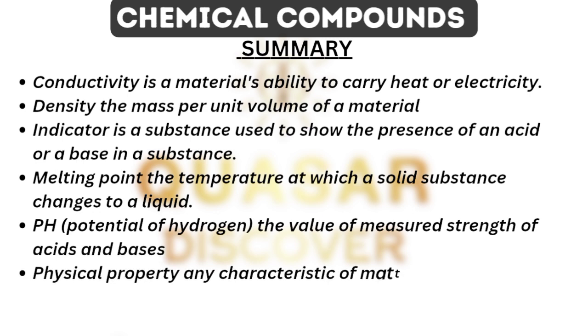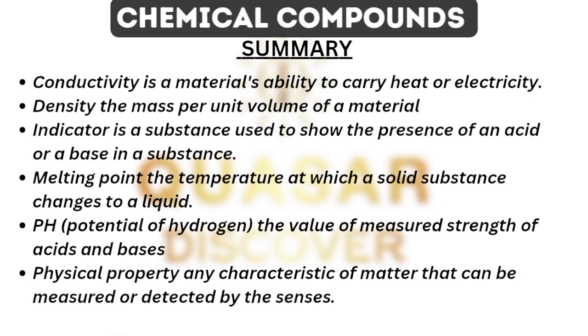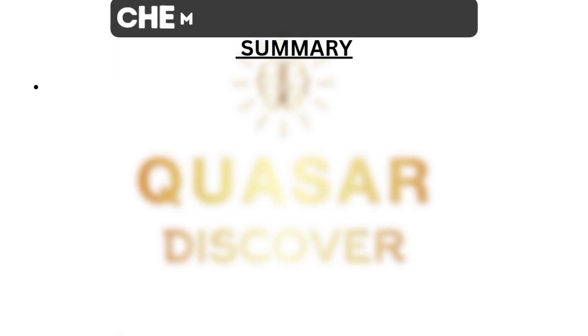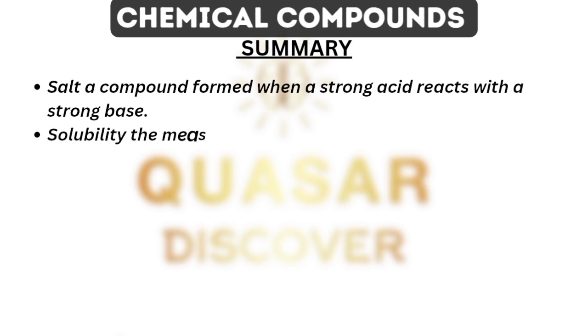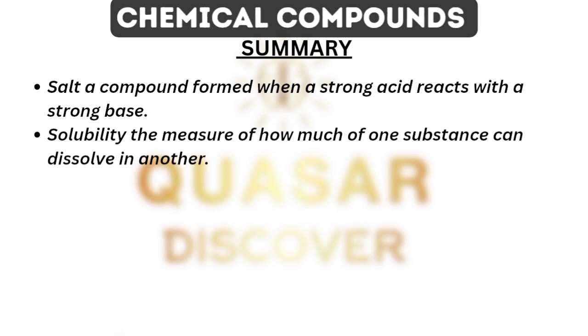Physical property, any characteristic of matter that can be measured or detected by the senses. Salt, a compound formed when a strong acid reacts with a strong base. Solubility, the measure of how much of one substance can dissolve in another.